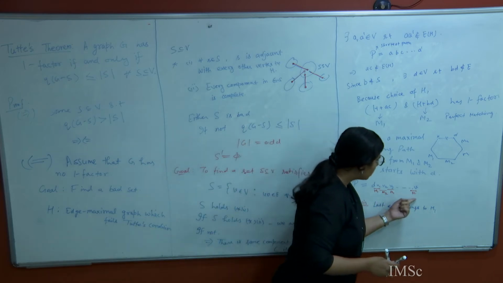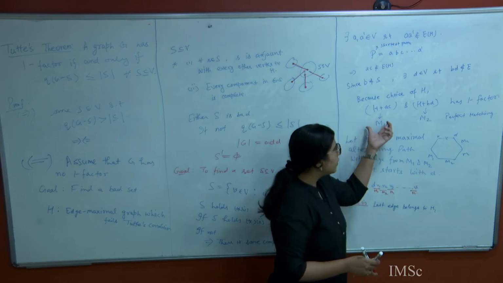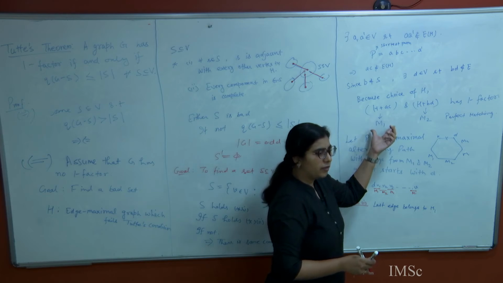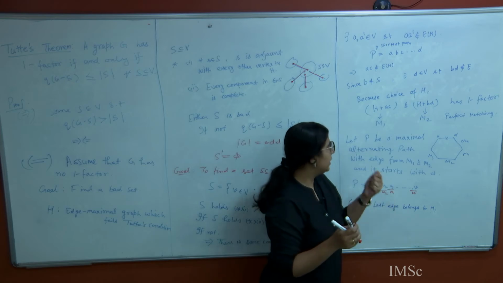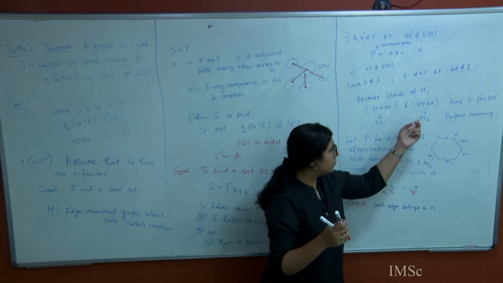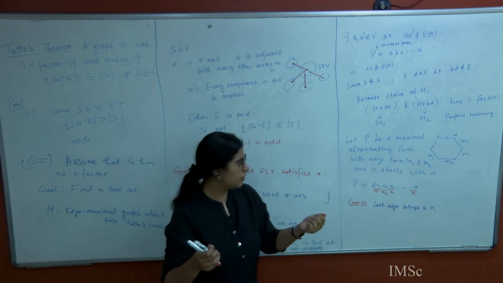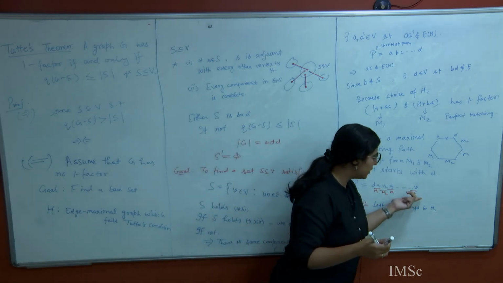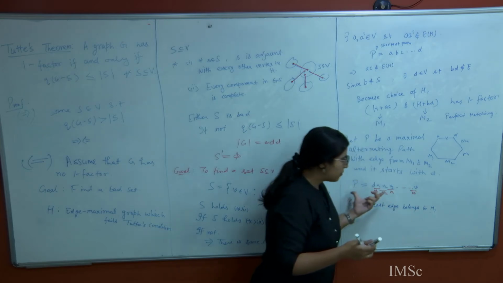If the last edge belongs to M1, what can you say about V? In H, M1 saturates everybody except A and C. M2 saturates everybody except B and D. So, if the last edge is in M1, what does it mean? And this is a maximal path, right.